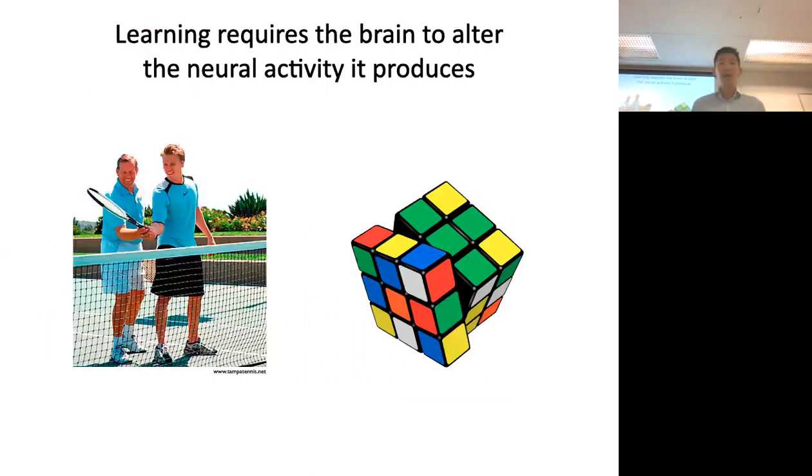So we're going to talk today about learning, and how a BCI enables us to study learning. Learning requires the brain to alter the neural activity it produces. For example, if you're learning to play tennis or you're learning to manipulate a Rubik's Cube like a pro, something changes in your brain between when you're a novice to when you become an expert.